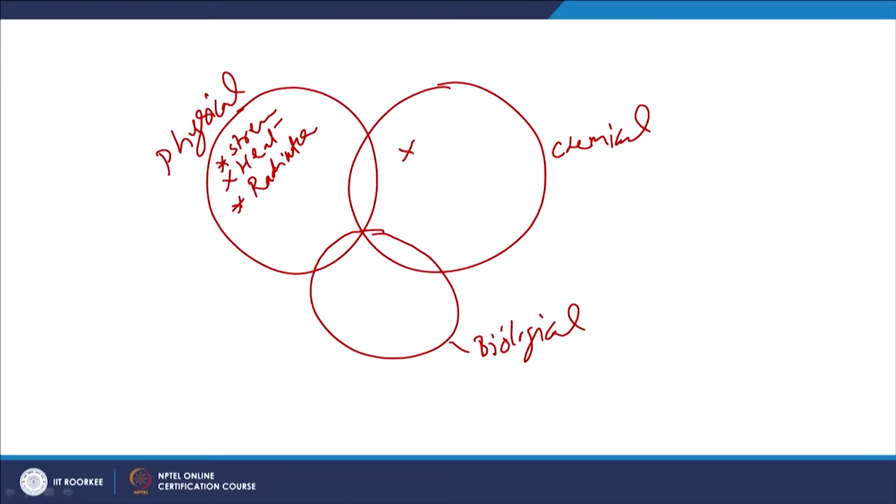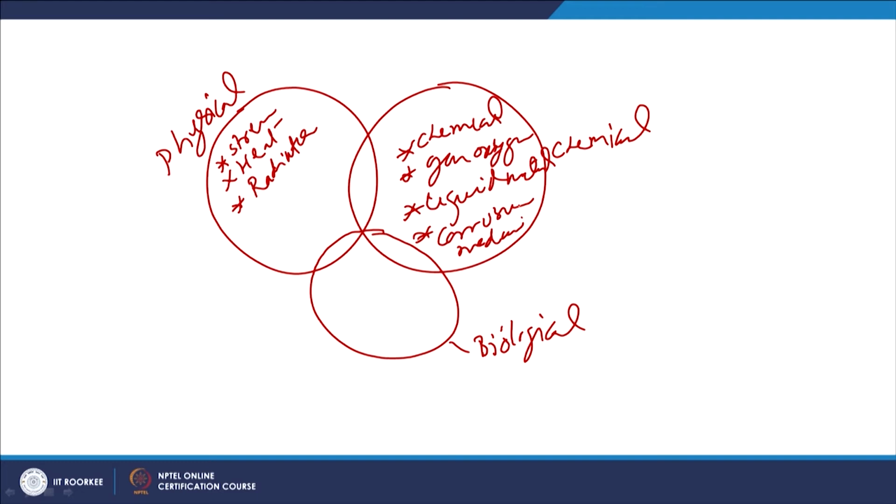While in the category of chemical interactions, the surface damage will be due to the action of chemicals, various gases like oxygen, nitrogen, or the interaction of the component with liquid metal, like steels in the case of molten zinc, and corrosive media, which affect the performance of the component and lead to the loss of material from the functional surfaces.